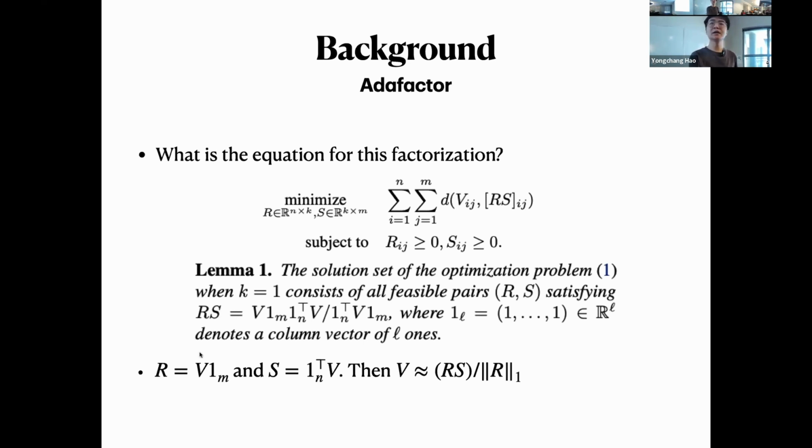That means you can simply take R equals V projected by the all 1 vector, and also S the same, but on the other side. And if you want to approximate V, you can apply this to get your approximation. So this is a closed form solution for this specific problem of non-negative matrix factorization.